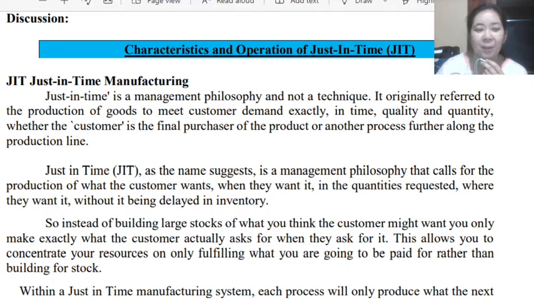manufacturing. When we say just-in-time or JIT, this is a management philosophy and not a technique. Originally it referred to the production of goods to meet customer demand exactly in time in terms of the quality and quantity demanded, whether the customer is the final purchaser of the product or another process further along the product line.